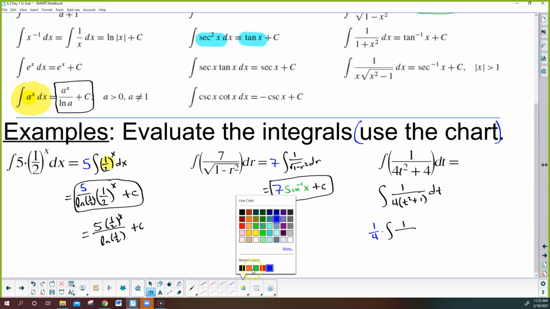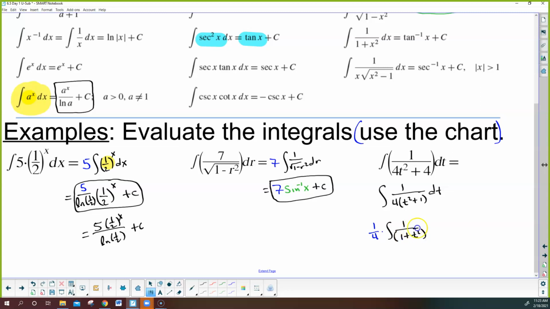And then there's one other thing I'm going to do. See how it's t squared plus 1? I can write that as 1 plus t squared because addition you can write in any order. And the only reason why I'd want to do that is now I know, based off of my table, the antiderivative of 1 over 1 plus t squared is the same as the inverse of tangent.